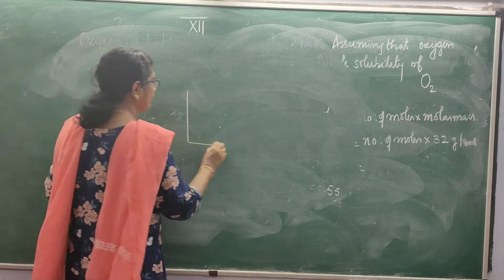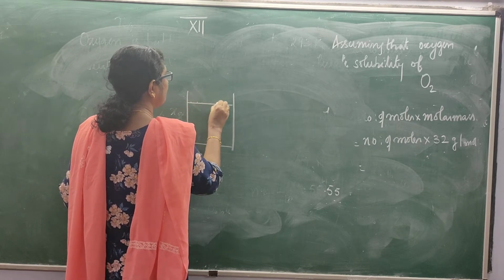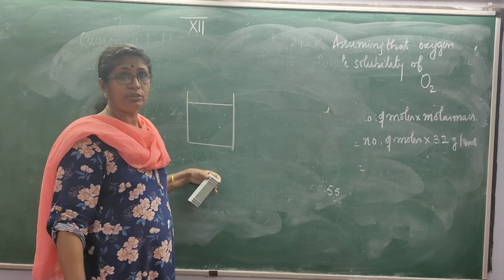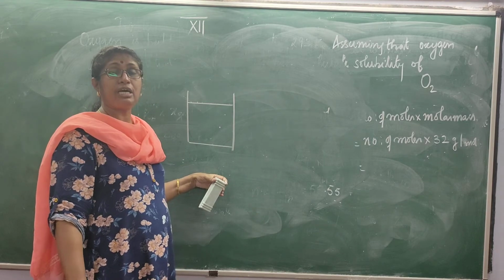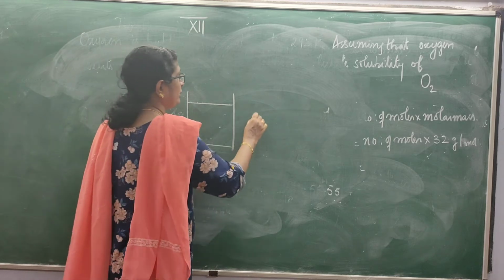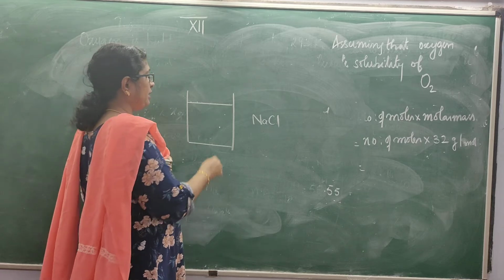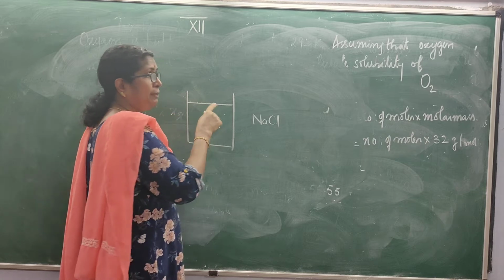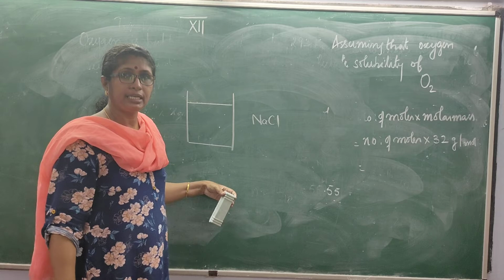In a pure volatile solvent, the surface molecules will be fully made up of the volatile solvent molecules. Now you are going to add a non-volatile solute like sodium chloride. What will happen? The solute molecules will enter inside, and some of the surface will be occupied by the non-volatile solute particles.